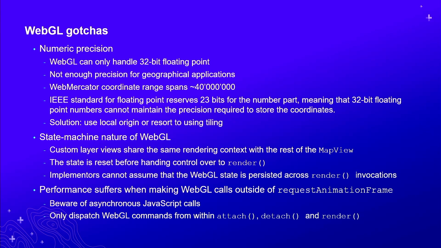Calling WebGL outside requestAnimationFrame can result in really bad performance or even a crash in the worst case scenario. So if you make an asynchronous JavaScript call to fetch a resource or do anything like that, make sure that you don't dispatch WebGL instructions at the end of the callback. If you need to, delay that and only make the call during the next call to render, or attach and detach and so on.